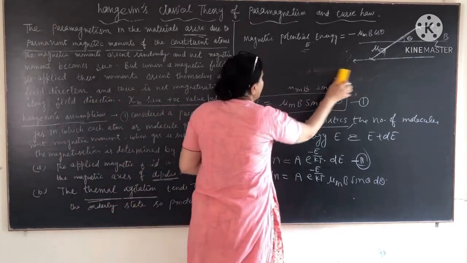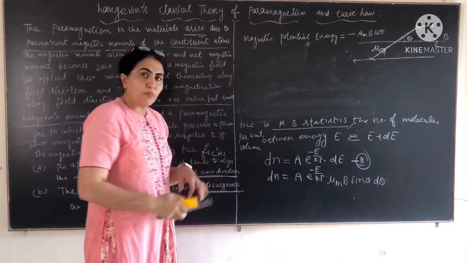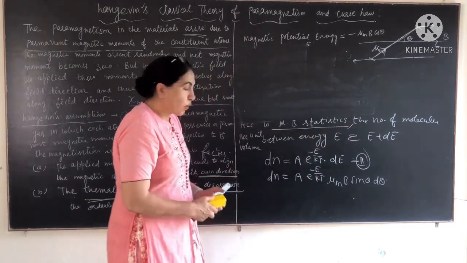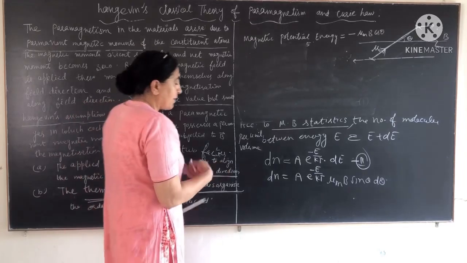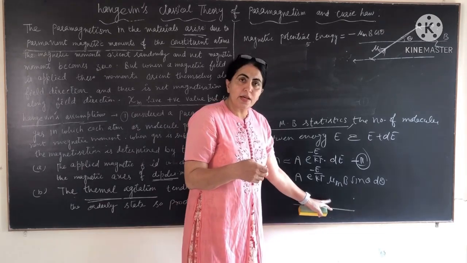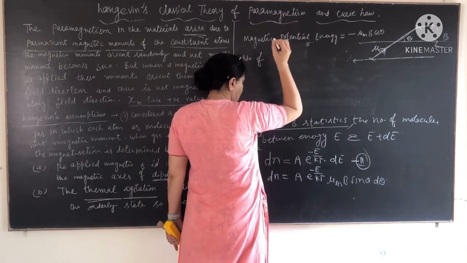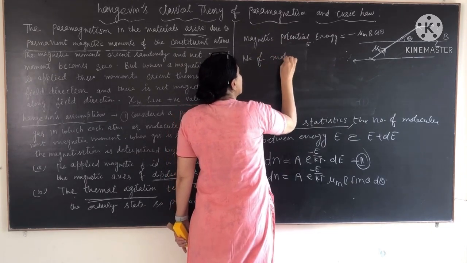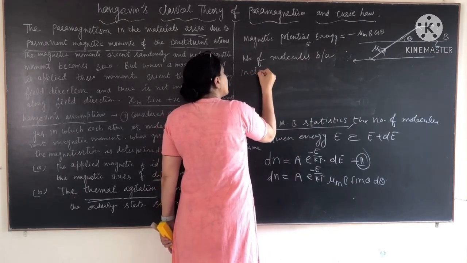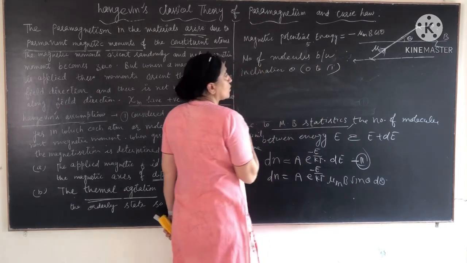Now we know these are the number of molecules per unit volume between energy E and E plus dE. If we want to find the total number of molecules, then we have to integrate this, between inclination theta 0 to pi.